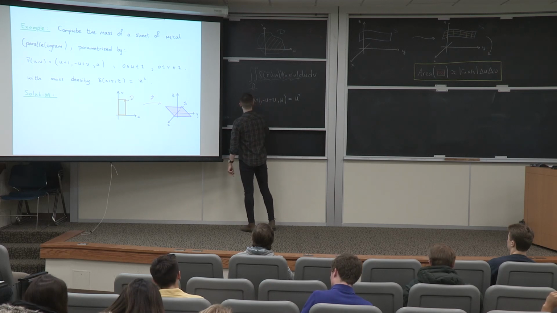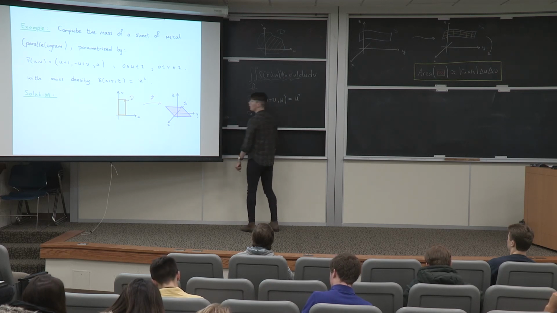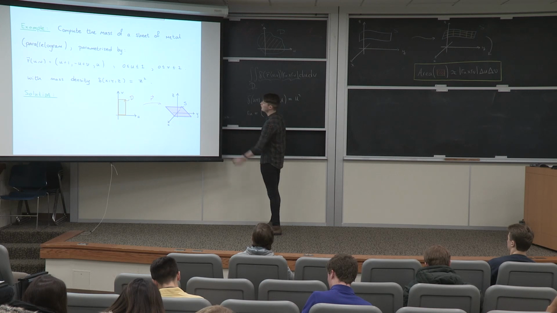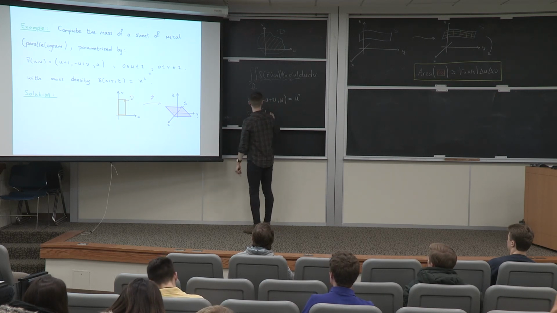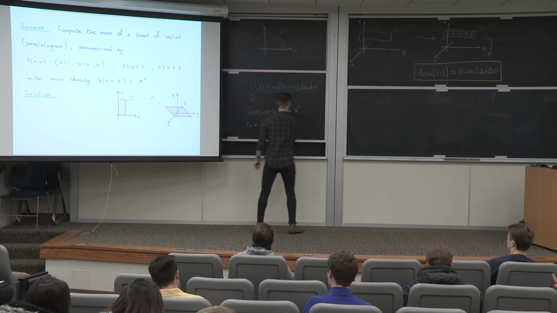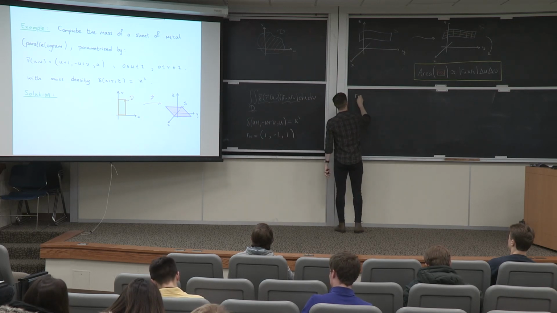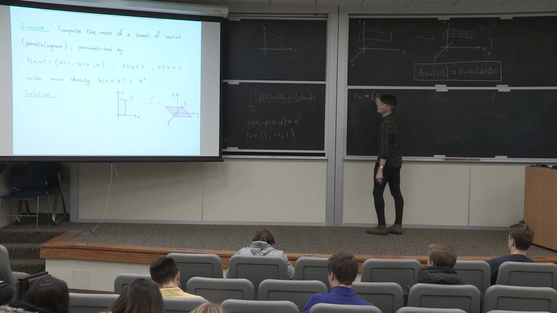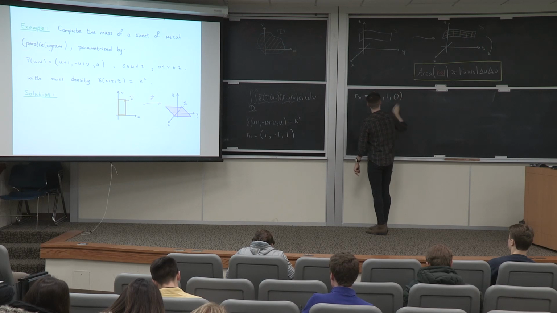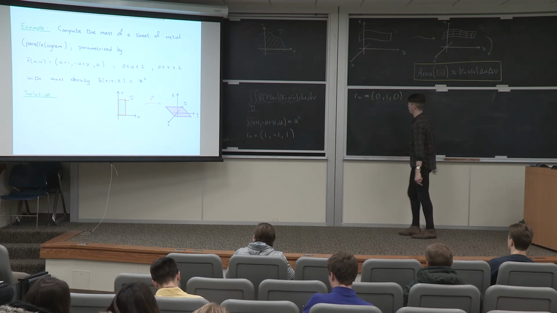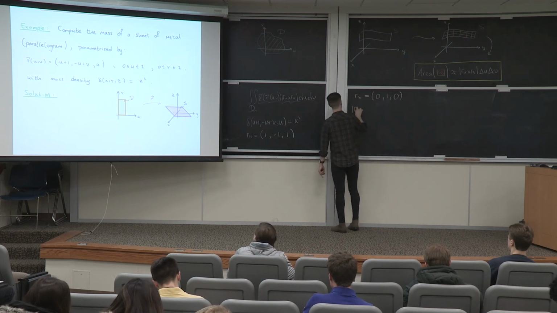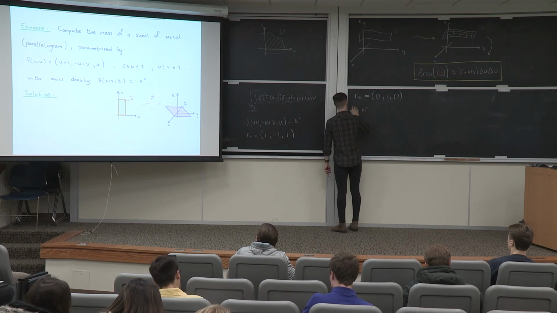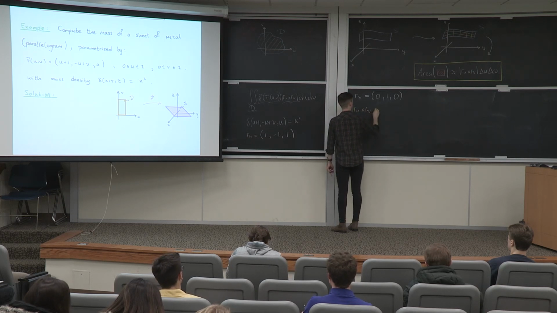So, let's calculate r_u. r_u is going to be what? We take the partial derivative with respect to u of each component: 1, -1, 1. Then r_v is going to be 0, 1, 0. And I want to take the cross product.